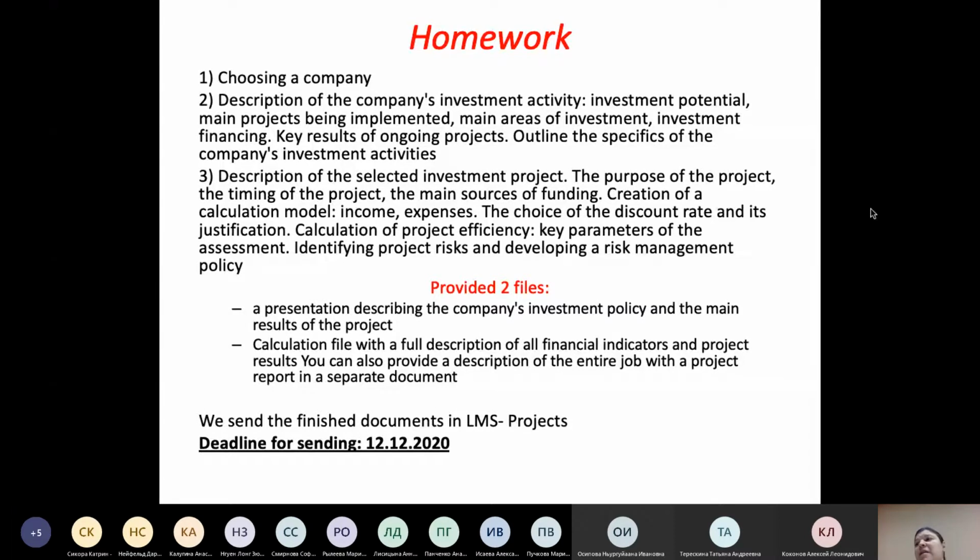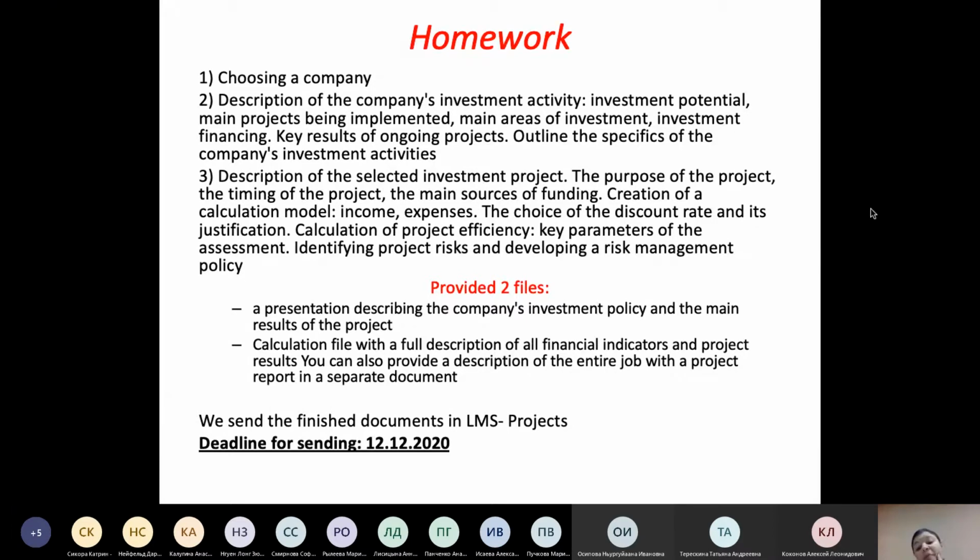First of all, certainly you have to detail the company. You have to propose the definition of the main purposes, the main goals and the strategy of this company, and you have to propose the description of the financial structure of this company.